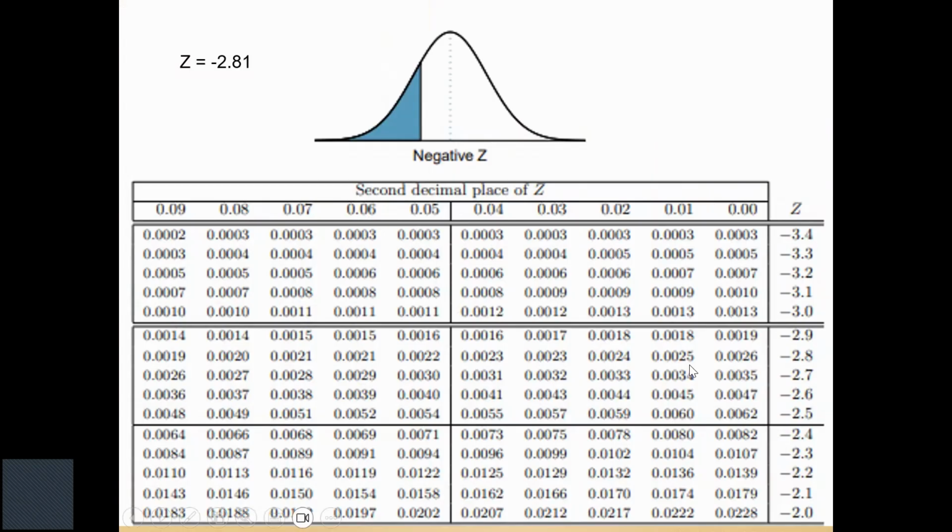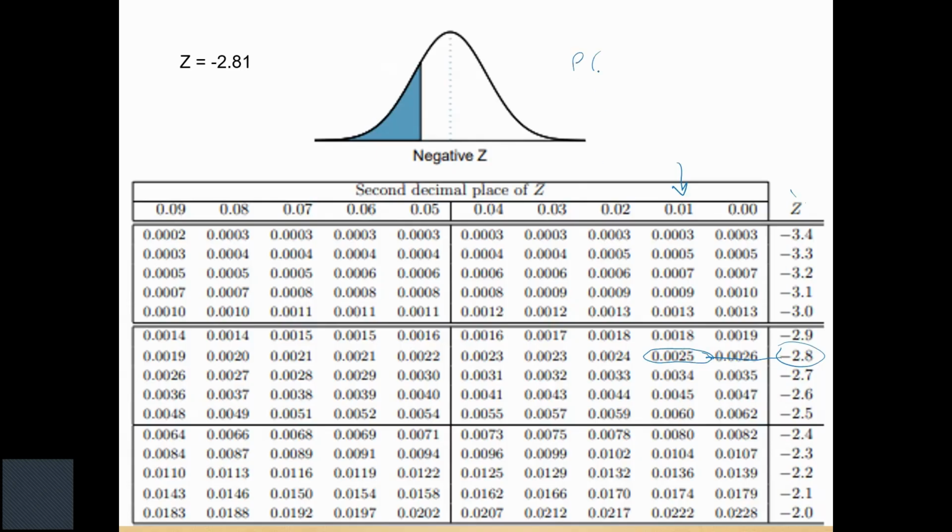Okay, this is blown up a little bit. So negative 2.81. So negative 2.8, and then the second decimal place is 1. So we're going to be in this column, and we're going to be negative 2.8, and we're going to go over to that column, and we have 0.0025.